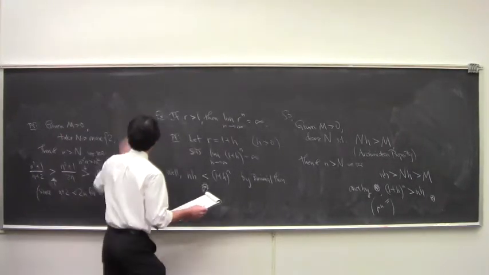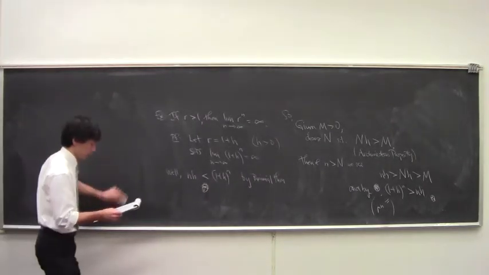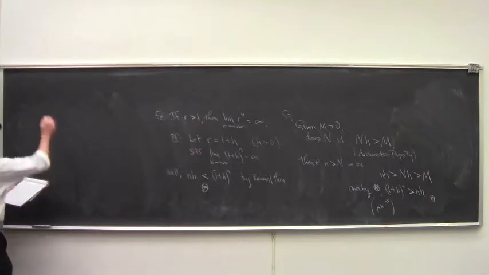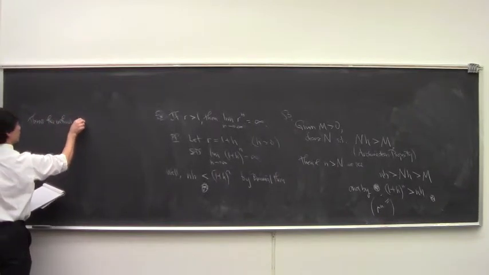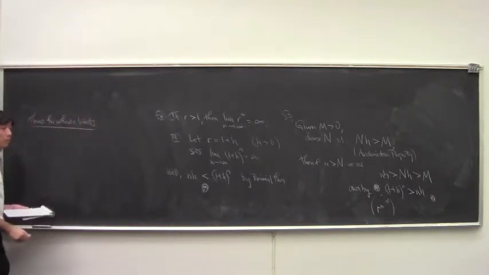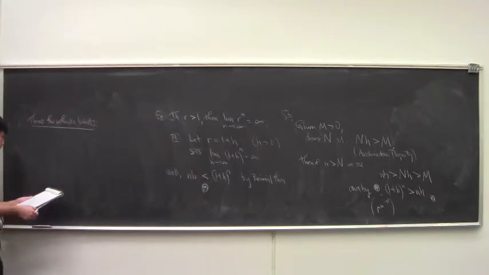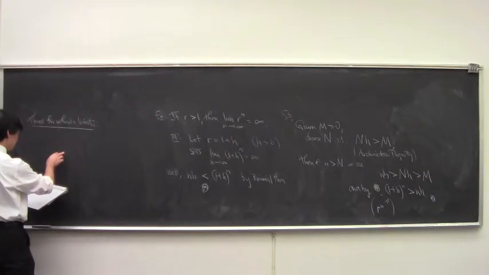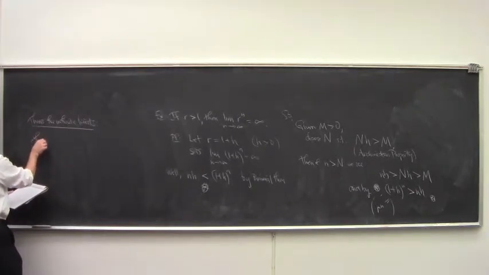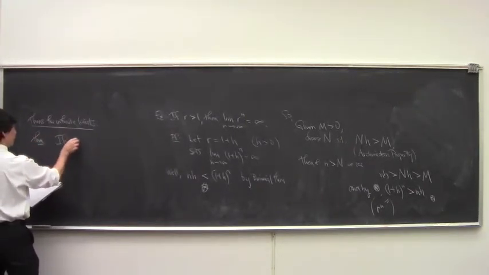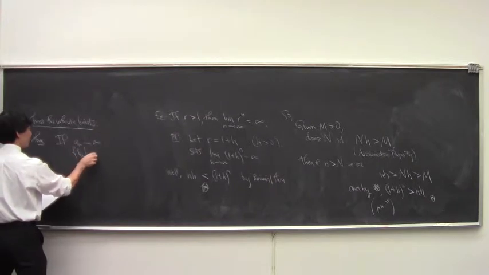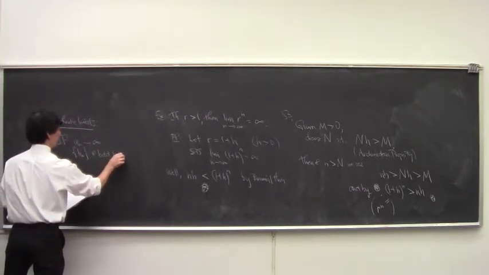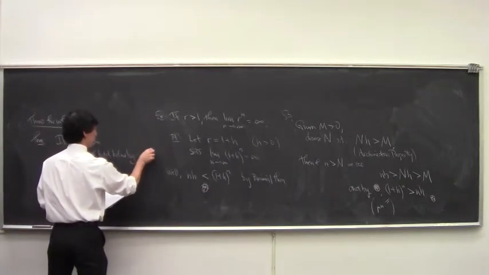Okay. So theorems for infinite limits. Say that you have a sequence a sub n that goes to infinity, and you have another sequence b sub n which is bounded below by some number k.